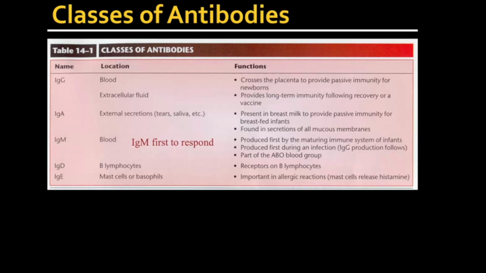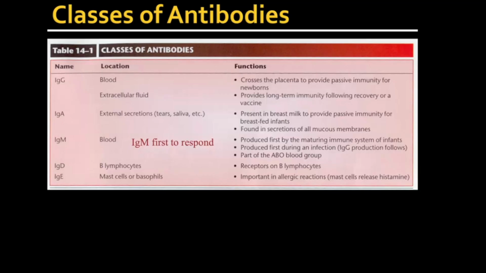Okay, so it tells you in the second column where these antibodies are located most of the time and what they do over there on the right. So the two I want you to know. First of all, IgM.